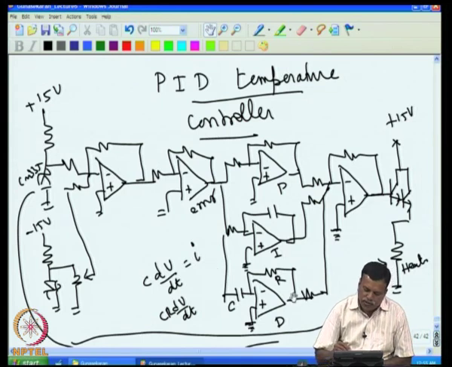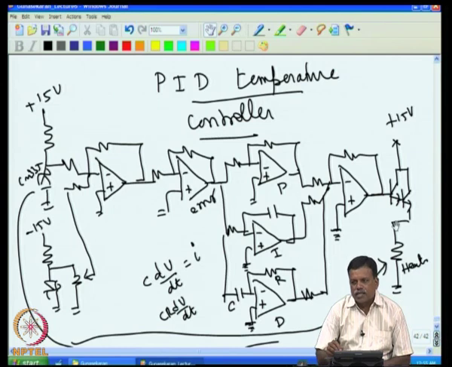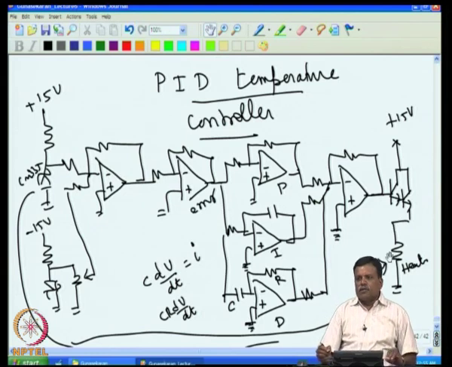That will produce a large change in voltage, because if dV by dt is more, you will get a large voltage change, and a large voltage change will occur on the system. That means if the system is faster, then the correction also takes place faster. Or the other way around, if the error is changing fast, then the correction also changes fast, and the system will stabilize quickly.